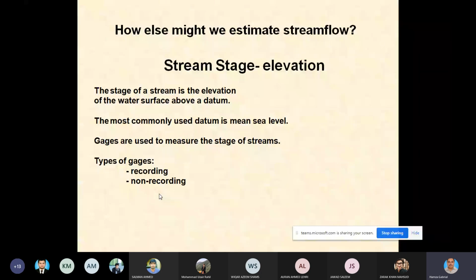So if we somehow get to know the stage, we can also make use of the rating curve and find out the discharge indirectly.